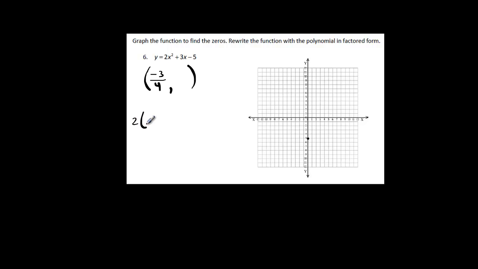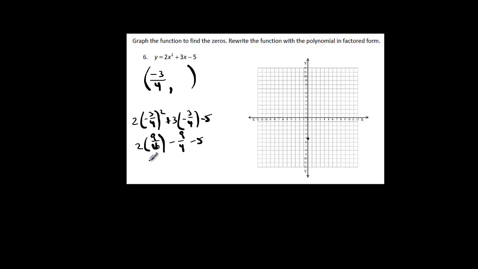So 2 times negative 3/4 squared plus 3 times negative 3/4 minus 5. So 2 times 9/16 minus 9/4. There should be 16ths here. Minus 5.